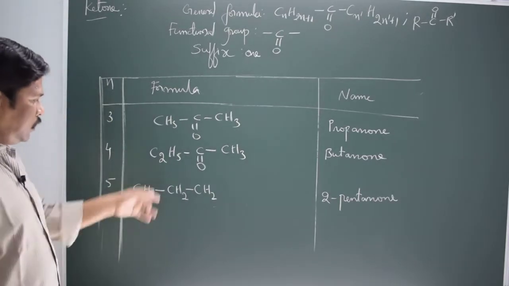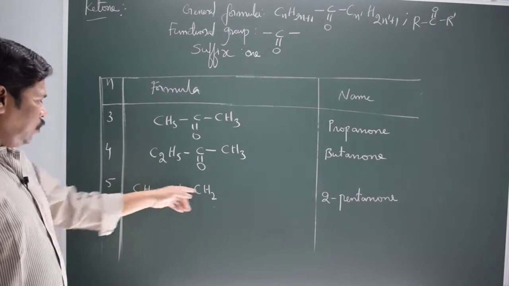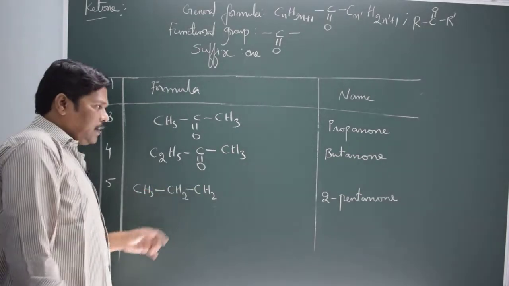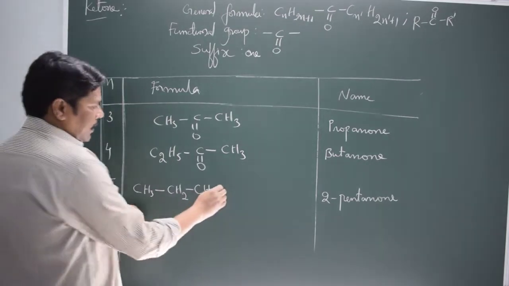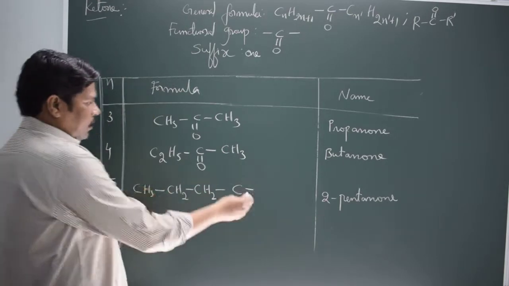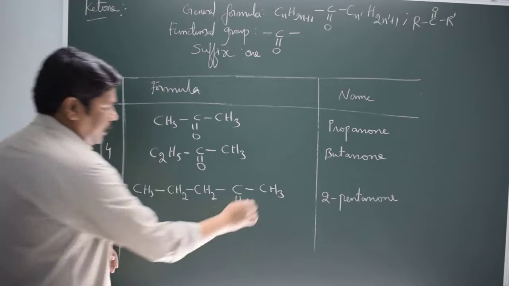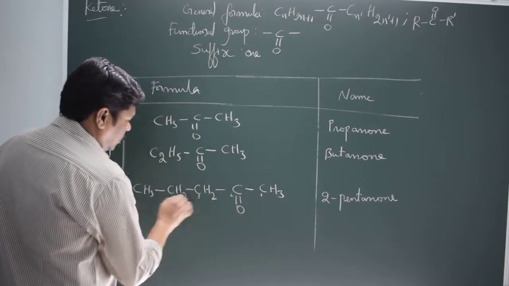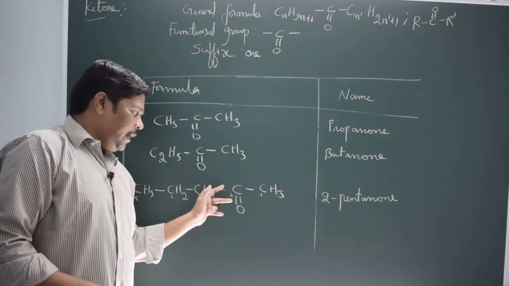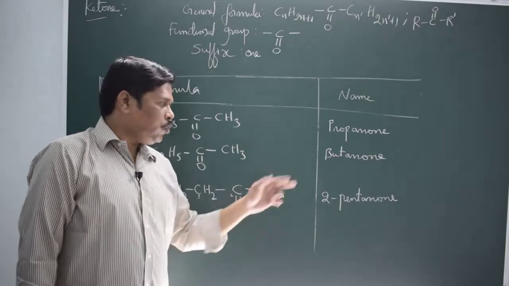So this one has a propyl group here, C3H7 propyl group. Then I'll get the ketone here, CO. Then 1 methyl group, CH3. So I'll put 1, 2, 3, 4, 5. So 5 carbon atoms. It is pentanone, and the ketone group is exactly at the second carbon atom. So it is 2 pentanone.